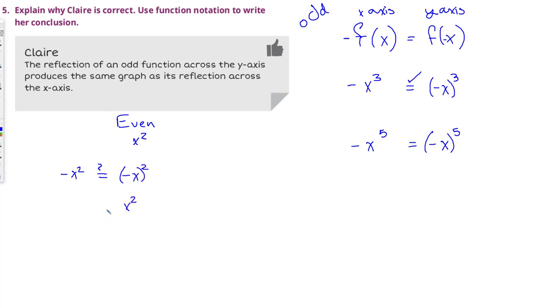No, because this is going to become an x squared, and that's a negative x squared. So it does not work for even. So this is a test to see if it's odd or even, and it's easier than doing both of them most of the time.